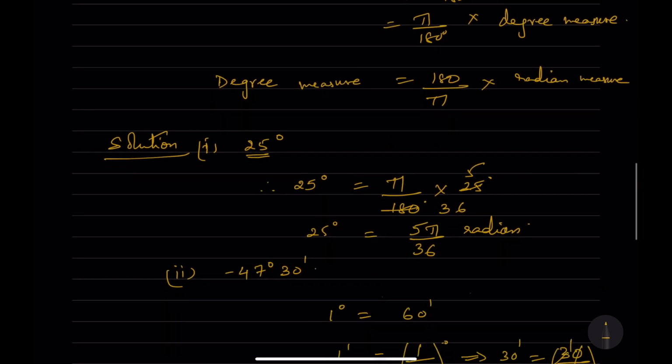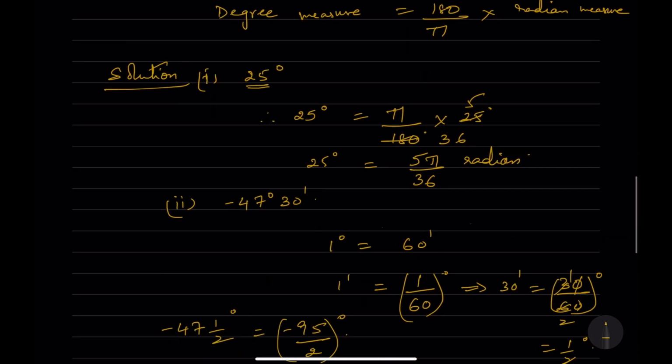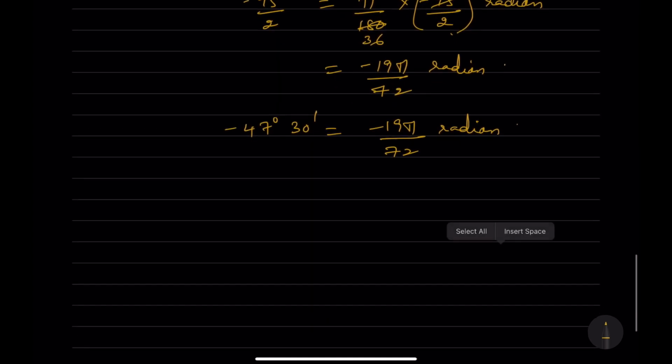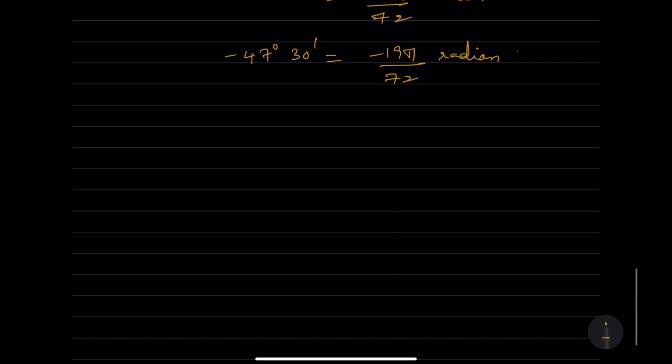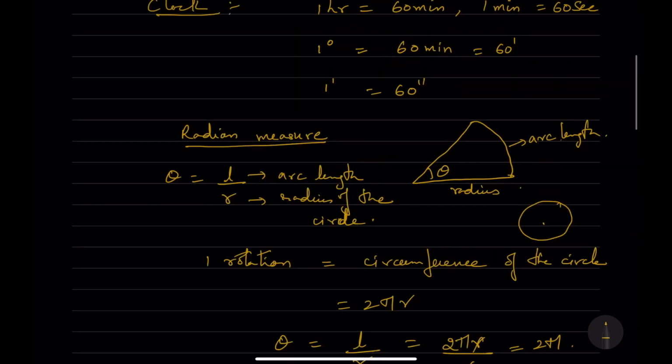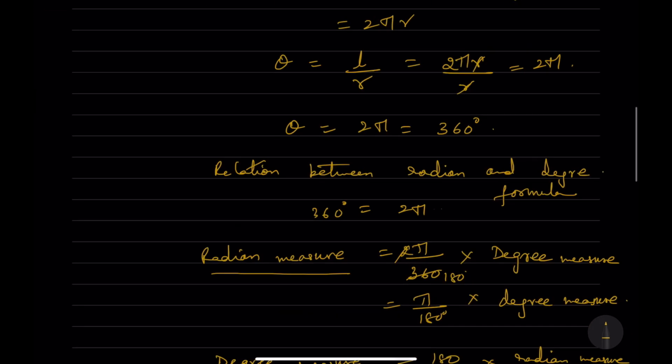So here you got this radian, that 25 degrees is equal to 5 pi by 36. Whenever it is positive, you write it as positive radian, and here it is negative, so therefore you are writing it as negative radian. The next, the third one, what's the third problem which we are having here? The third one is 240 degrees.